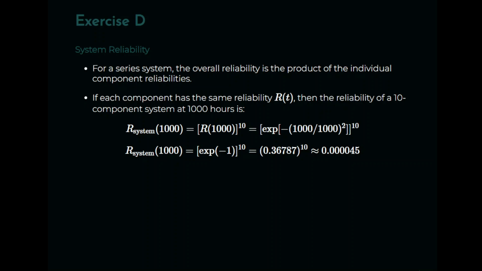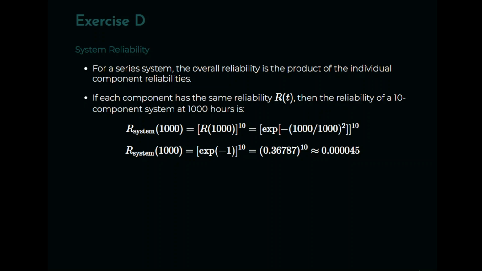And finally, exercise D. For a series system, the overall reliability is the product of the individual component reliabilities. So if each component has the same reliability R of t, then the reliability of a 10 component system in series at 1000 hours is simply the product of independent events, essentially.